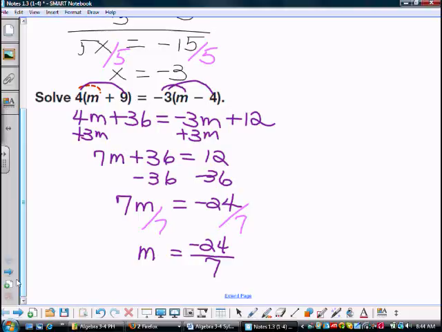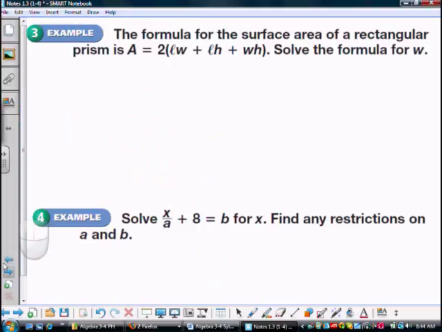In Algebra 1, people often struggle with those non-integer answers. Okay? All right. And we got about 2 minutes till I need to send some people for books.